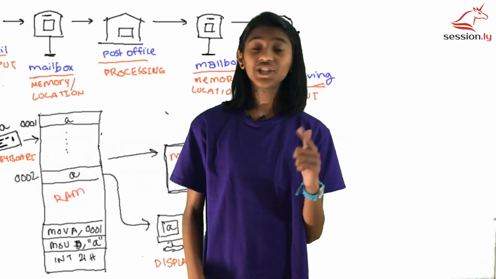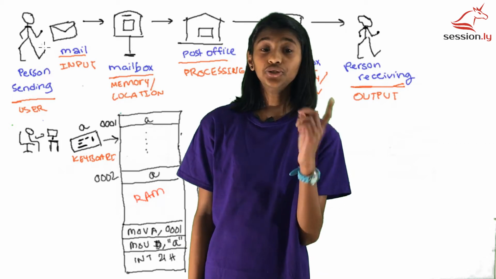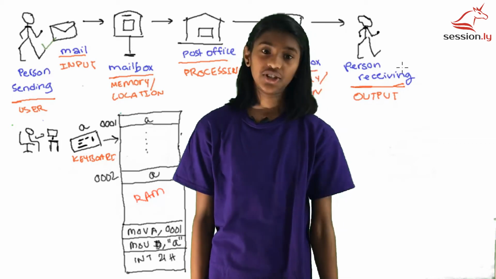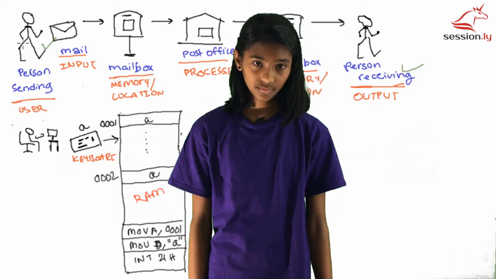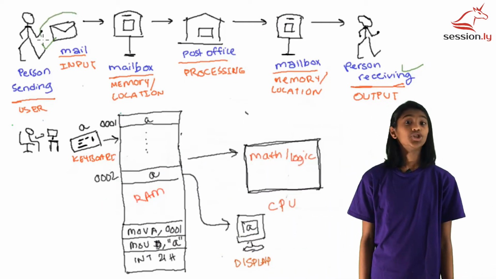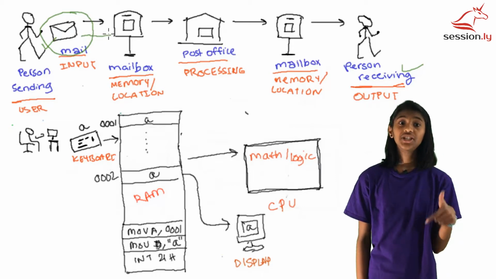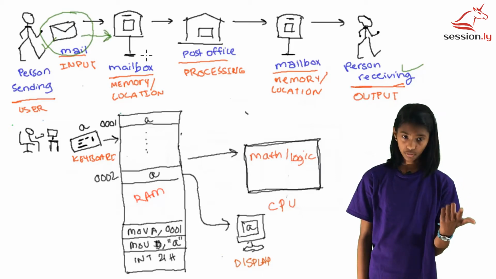Now, let me show you a picture that I drew that shows how a letter you write gets to the final destination. Imagine you have a properly addressed letter or mail. Now, you place the letter into the mailbox or post box.